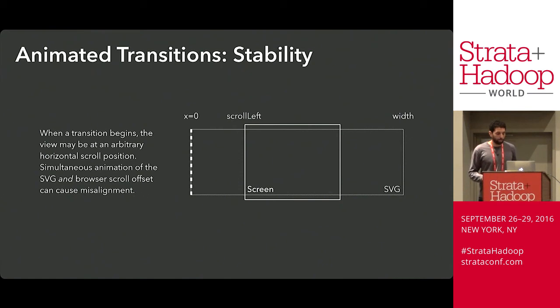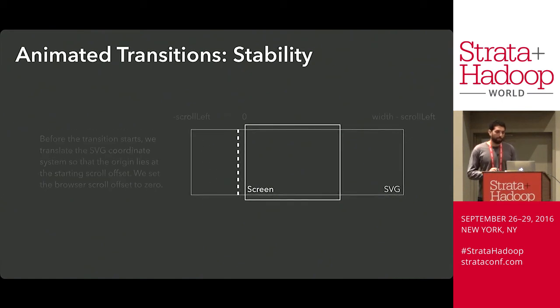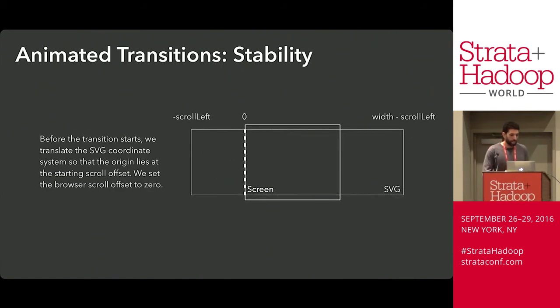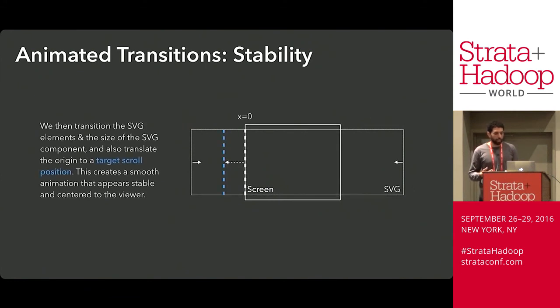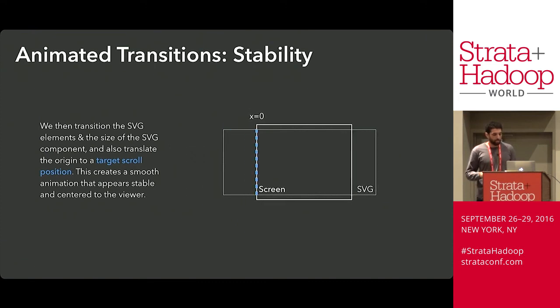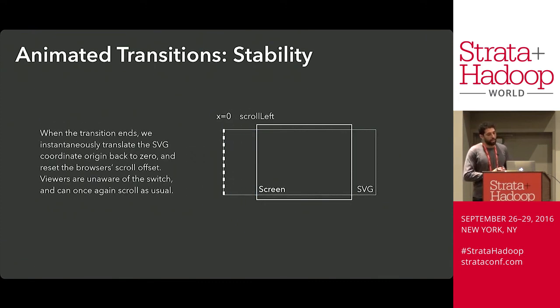To make this look stable, the trick is to automatically adjust the offset so that the origin of the canvas now lies at scroll position 0. You then do the animation of the SVG elements, and then you readjust that offset so you're back at the proper browser scroll position. These seem like small details, but without them, you get very jarring interactions over this graph as you filter it and interact with it.